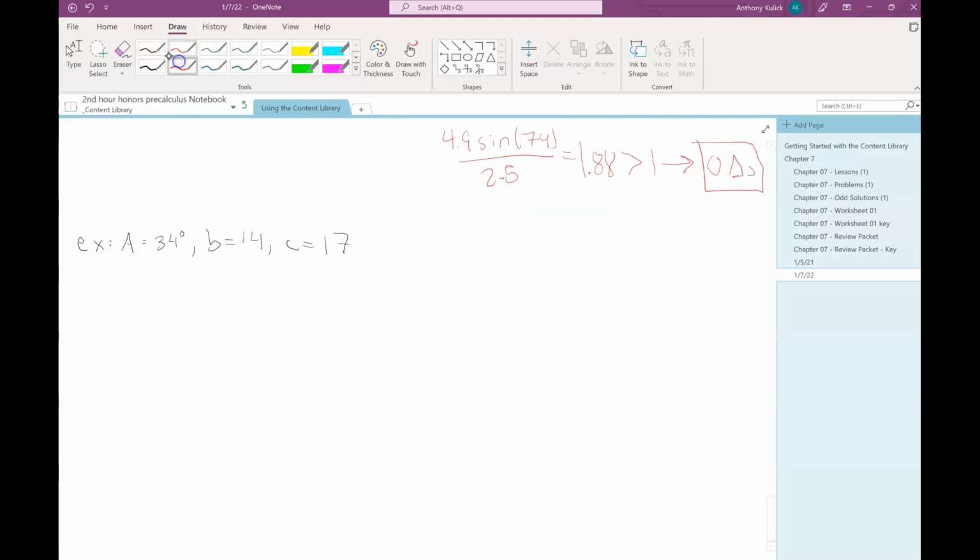Okay. So here we're given that angle A is 34 degrees, side B is 14 units, and side C is 17 units. So let's go ahead and draw a picture here.